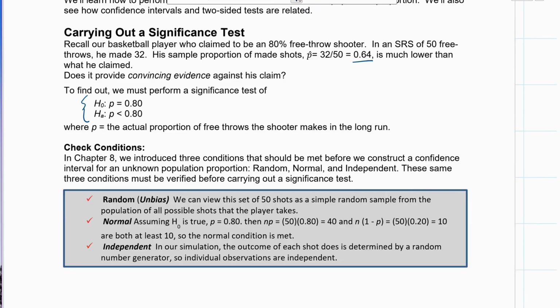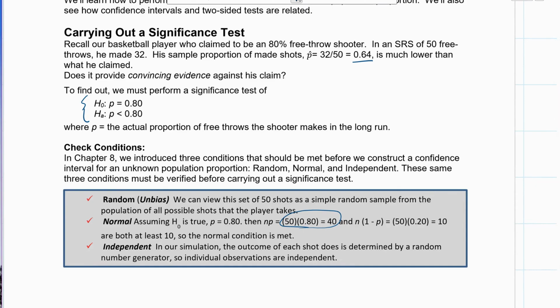Like we did with confidence intervals, we have conditions that need to be met in order to do this method. The conditions as they were before are still, we need to have an unbiased sample, which means we need to know that it's a random sample. We need to know that the sampling distribution from which our p hat comes is approximately normal, which is in this case comparing the expected number of made shots, which in this case is 40, not the 32 that he made, but rather we're supposing H naught is true.